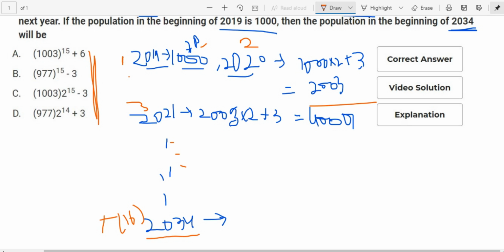So we have to calculate the 2034 value. If we calculate roughly, it means 1000 will be multiplied by something, isn't it, relative to the previous year. Now let's check this.